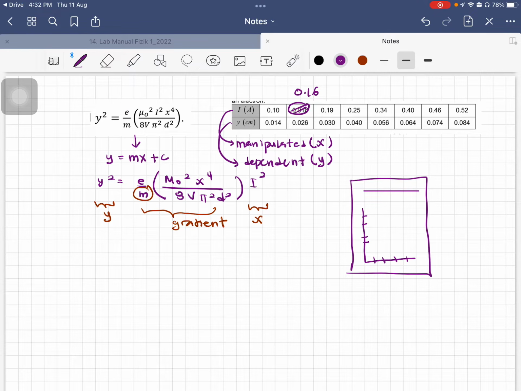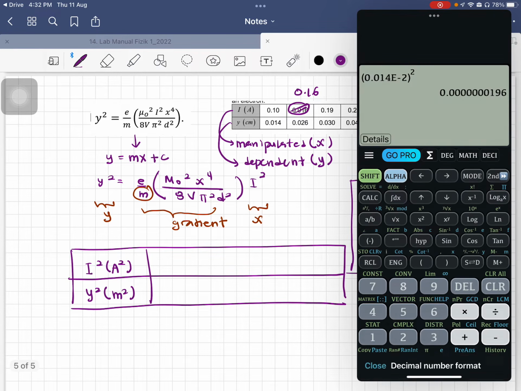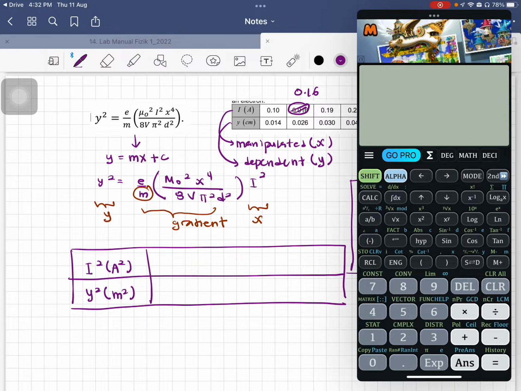What you need to do here first is to retabulate this. Now you need the data of I square and y square. I want you to convert it directly to meter square. For the first one, I is 0.1, you square it and you will have 0.01.